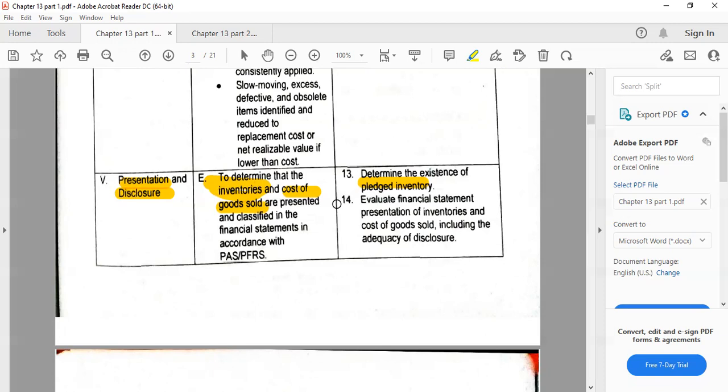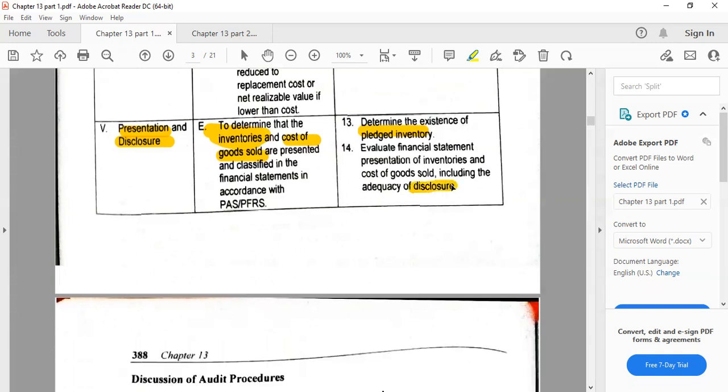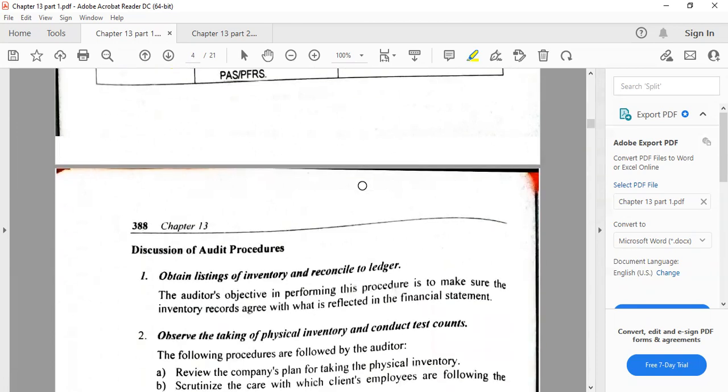We need to state such fact so that the persons who will use our financial statements would know that part of our inventory has been pledged, or let's say mortgaged, through a lender. Evaluate financial statement presentation of inventories and cost of goods sold, including the adequacy of disclosure. Again, if you speak of disclosure, that means you need to include some notes in our notes to financial statements.